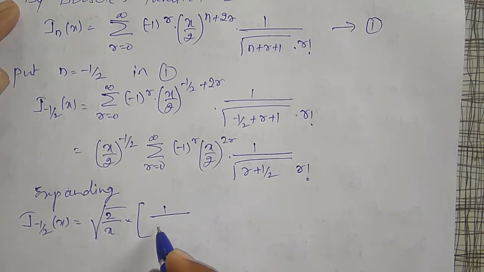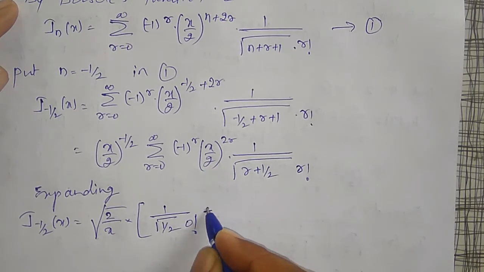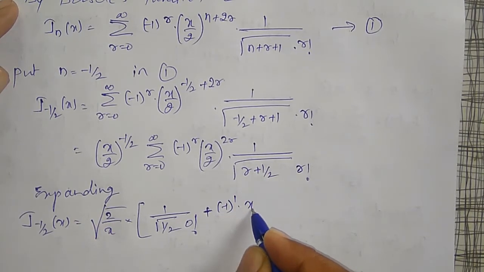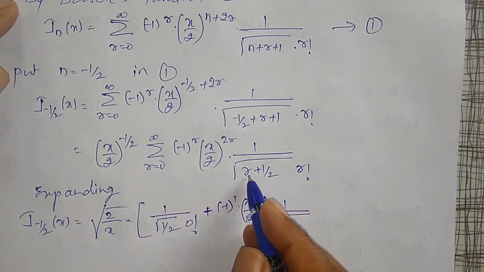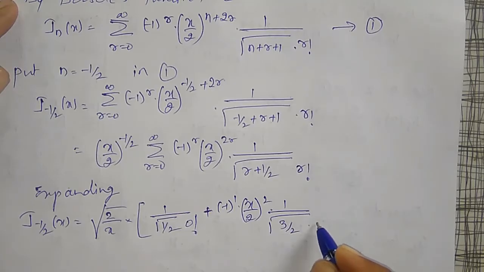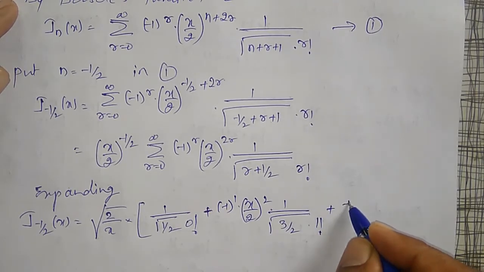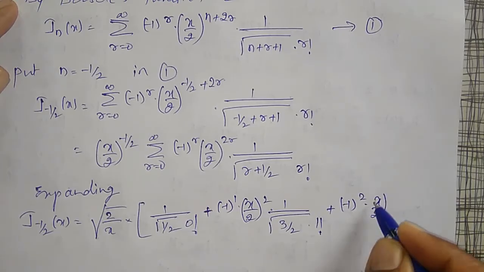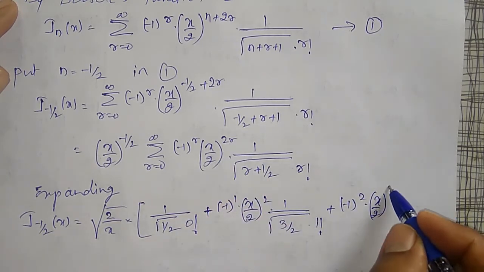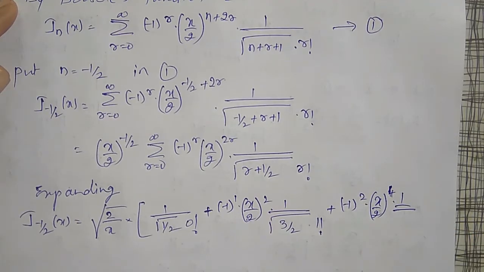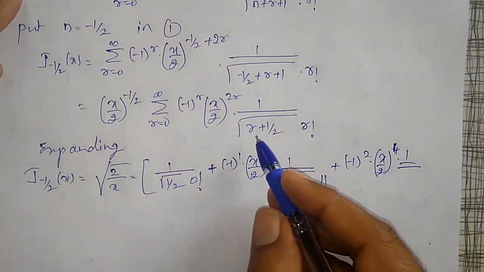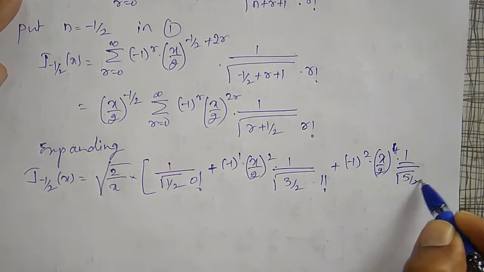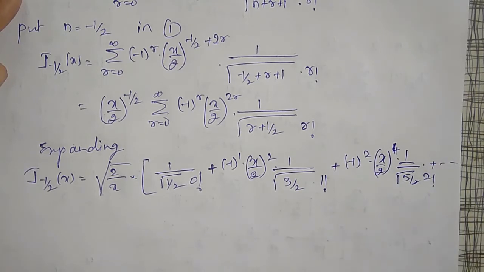Therefore 1 divided by gamma function of 1 by 2 into 0 factorial, plus minus 1 to the power 1 into x by 2 to the power 2 into 1 divided by gamma function of 3 by 2 into 1 factorial, plus minus 1 to the power 2 into x by 2 to the power 4, 1 divided by gamma function of 5 by 2 into 2 factorial, plus so on.